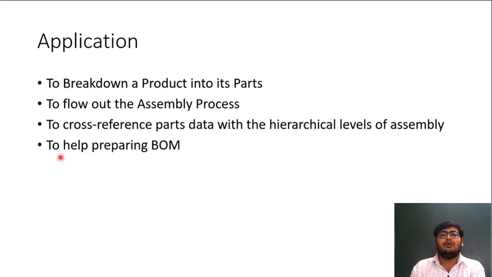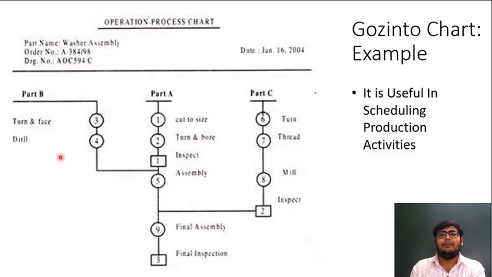And also it will help in a big way to prepare your bill of materials. How will it be helpful in preparing your bill of material? Suppose you need to prepare a bill of material for this product, which is a washer assembly.